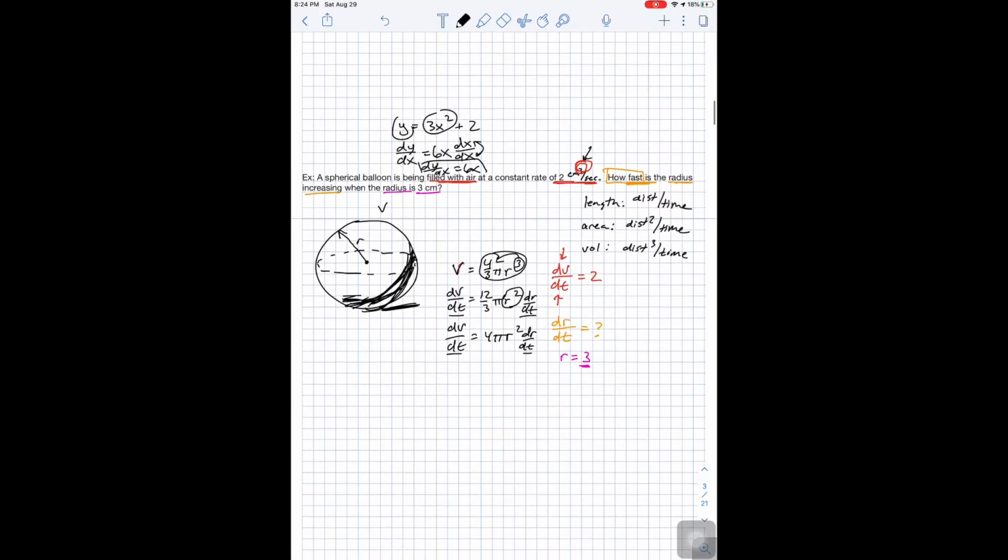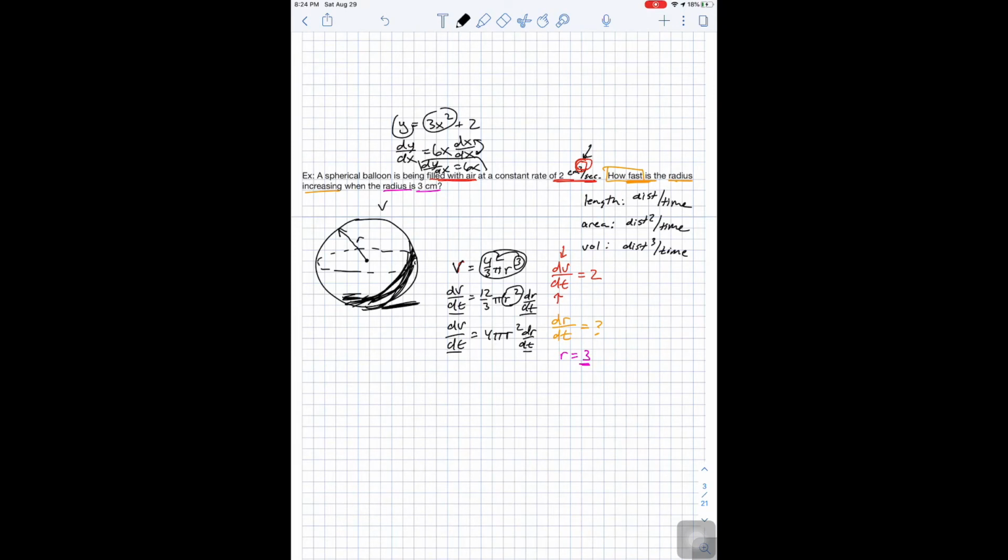Now, once you've taken the derivative, we're just going to plug in. So r is going to become 3, dr/dt is what we're looking for, and dV/dt is going to be 2. So I get 2 equals 4 pi times 3 squared times dr/dt, and then you just solve for the thing that you're looking for.